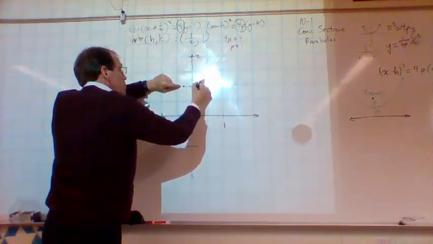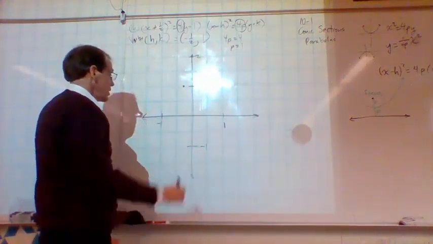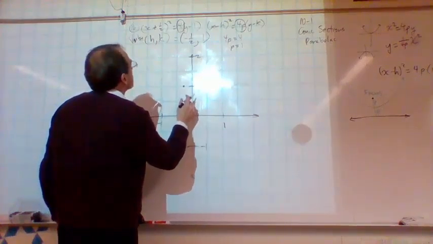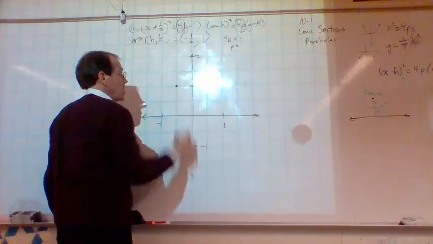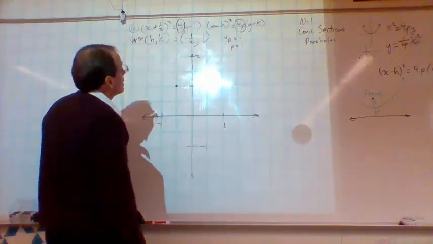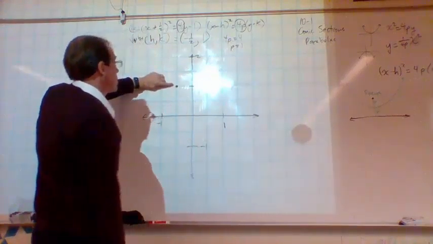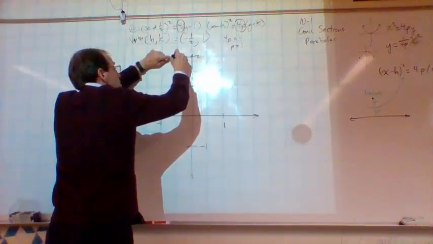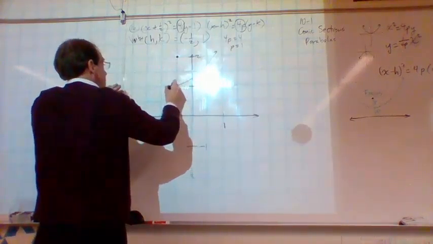This will be 1, that's 2, and this is negative 1 on the y-axis. So negative 1/2, 1 would be our vertex. And now it tells me that p is 1, so I'm going to go up 1 unit from there to get my focus. So it's going to look something like this.